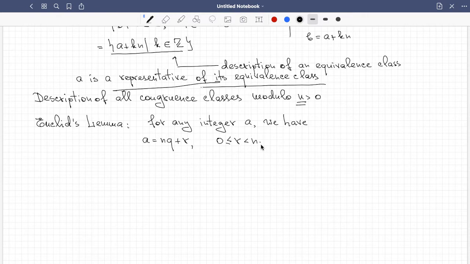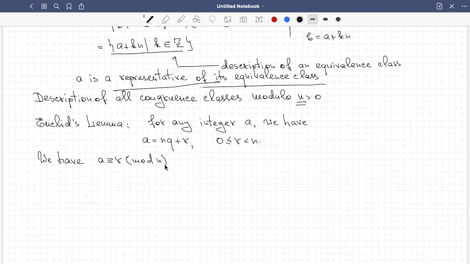It is clear that a is congruent to r modulo n.